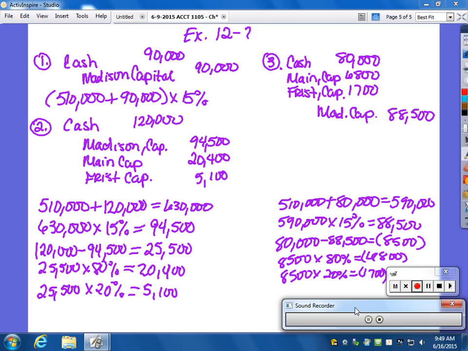The cash proceeds from selling the assets were sufficient to repay all but 28,000 to the creditors. A, calculate the loss from selling the assets. B, allocate the loss to the partners. And C, determine how much of the remaining liabilities should be paid by each partner.